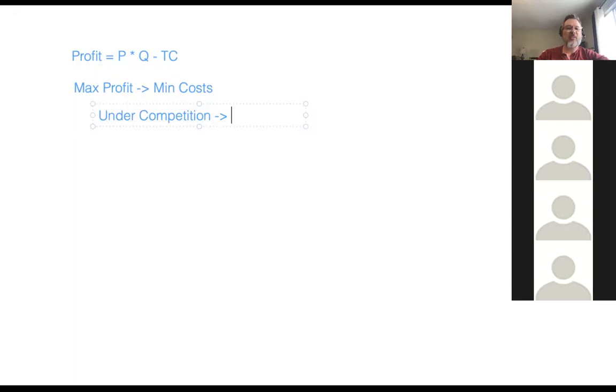Well, since the firms have no market power, the price is equal to the market price. And the firms just have to accept the market price and decide whether or not they can produce at a profit at that particular price. So the firms have no pricing power is the main point.